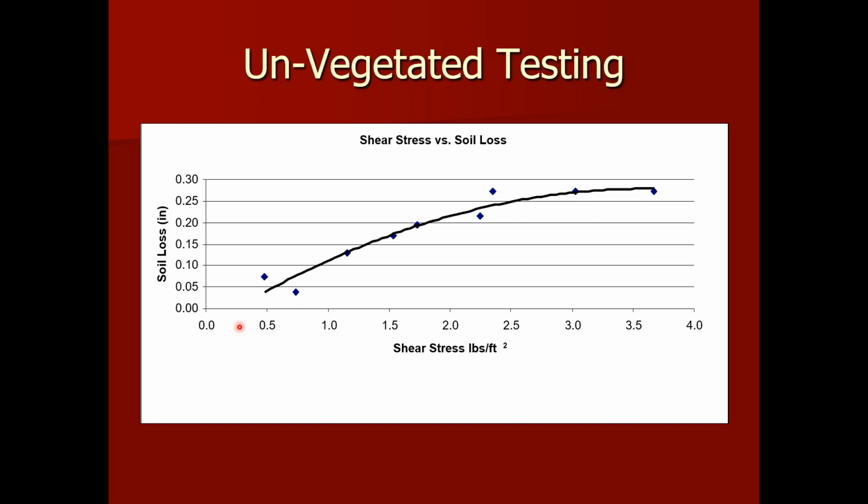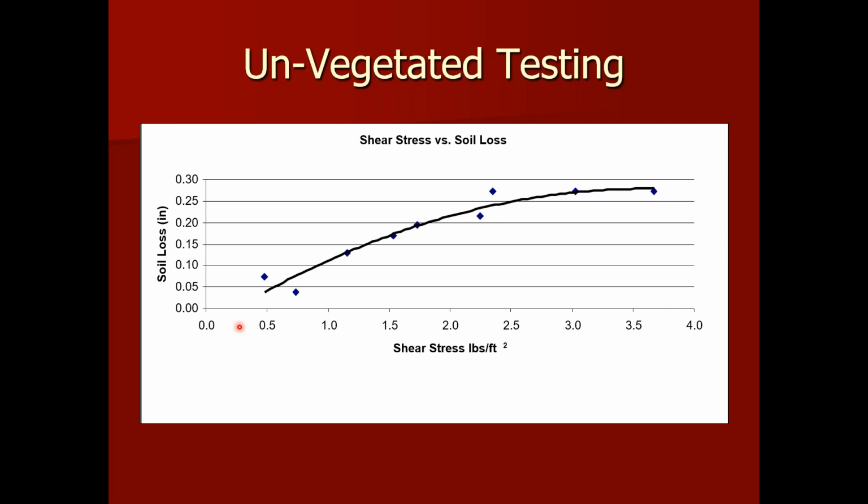And what we see for almost every type of system we've looked at is a curve similar to this, where it's not a perfect fit because nature has a way of throwing a curve, no pun intended, into everything. But we're able to see a pretty good correlation between increasing shear stress and increasing soil loss.